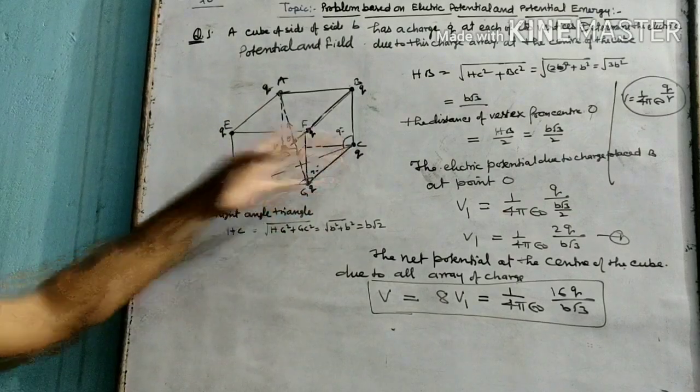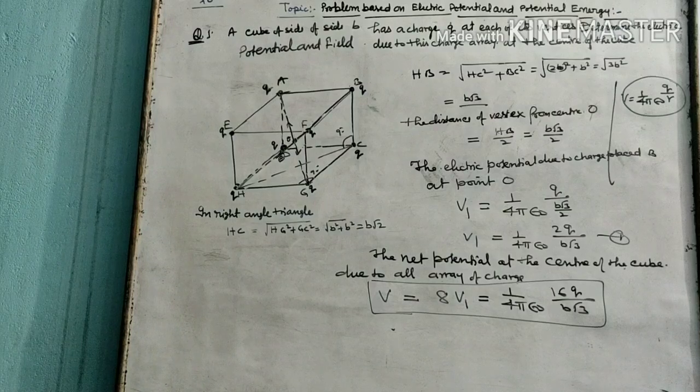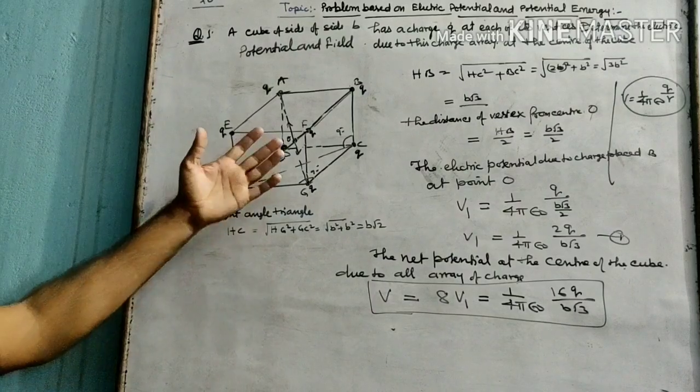Similarly, if we take the other two diagonals by joining the opposite vertices, we will have the same result.